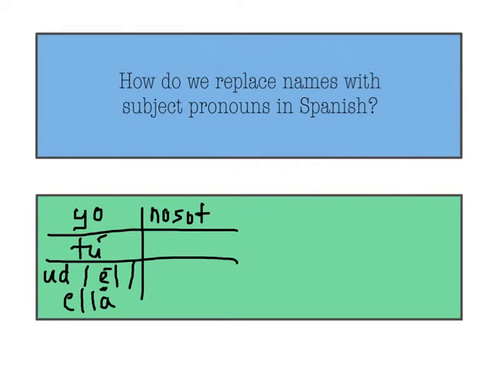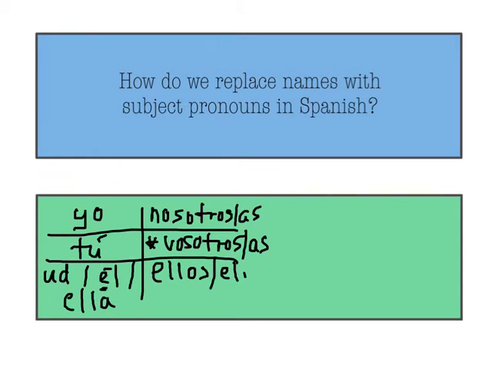Nosotros and nosotras. In Spain only, you can put an asterisk. We have vosotros and vosotras. And then lastly, we have ellos, ellas, and ustedes. The you all, that's formal, or for anything in countries besides Spain.